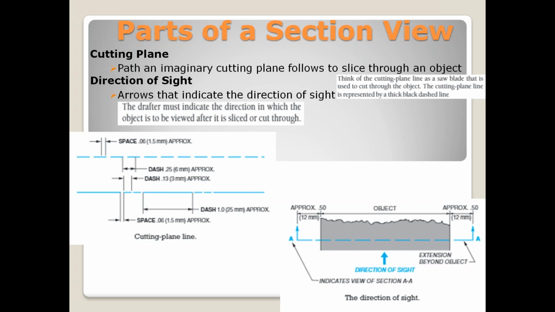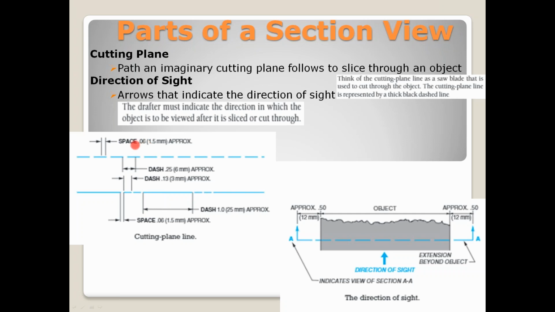The cutting plane line is represented by a thick black dashed line. If you look at this sample here, your cutting plane line can be dashed this way, or it can be a long dash followed by two short dashes.